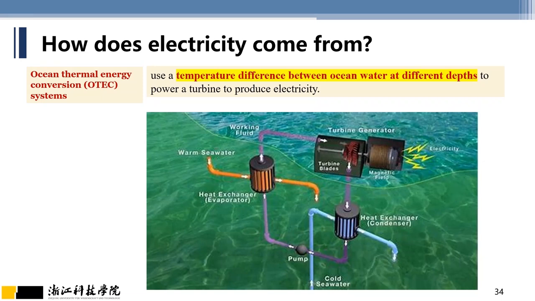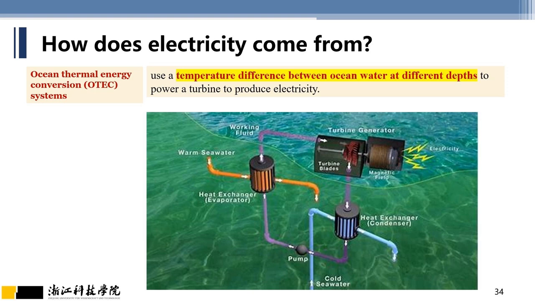And also we have some new technology. One is ocean thermal energy conversion systems. Ocean thermal energy conversion systems use a temperature difference between the ocean water at different depths. For example, we have cold seawater at deeper places, and we have some warmer seawater at upper levels.